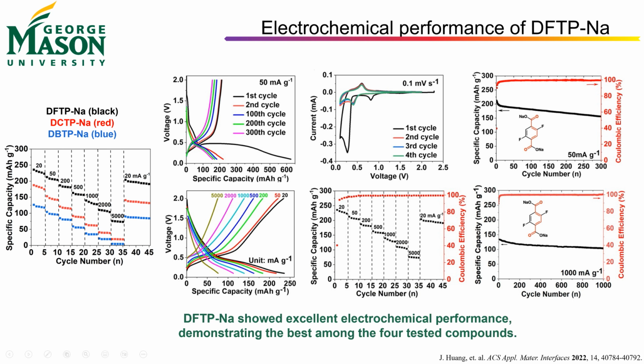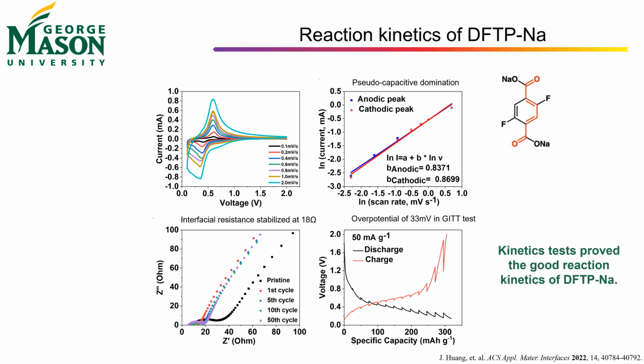Then we also did the rate test of the three halogenated compounds. Similarly, it is obvious that DFTP sodium has the best rate capability and the highest capacity recovery. So we recognize that DFTP sodium is the best compound among them. So we did some further tests on DFTP sodium.